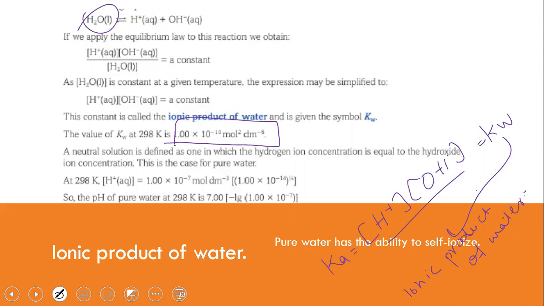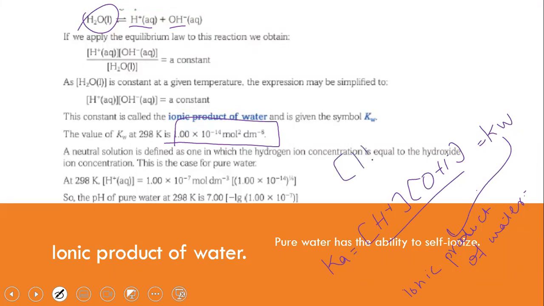And when we talk about it, water is a neutral compound, right? That means the concentration of the hydrogen ions and the concentration of the hydroxide ions are going to be the same. That's what I told you. They have a 1:1 ratio. So whatever is the concentration of the hydrogen ion, the concentration of the hydroxide ion is the same.